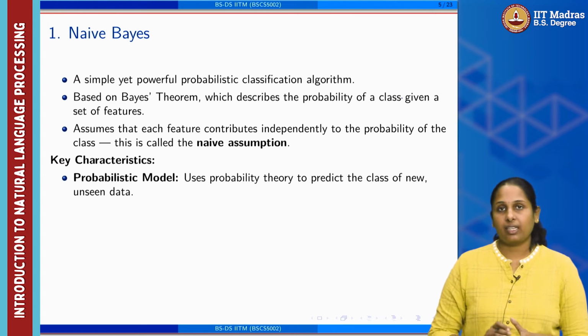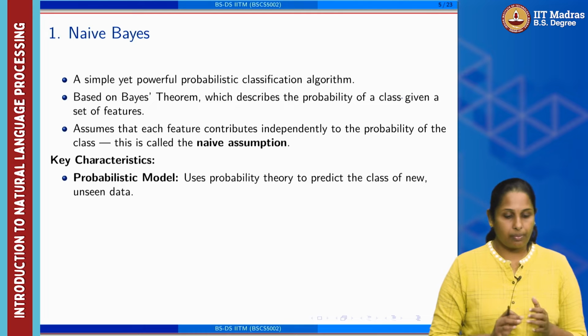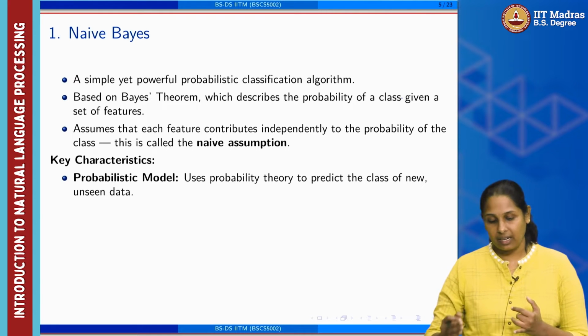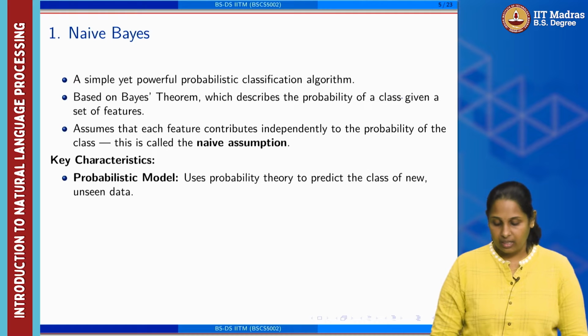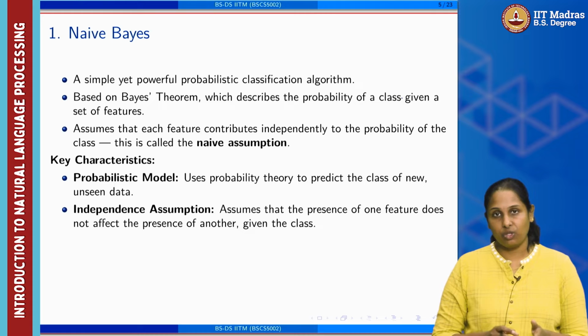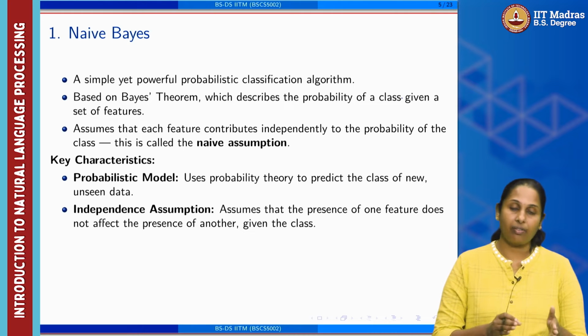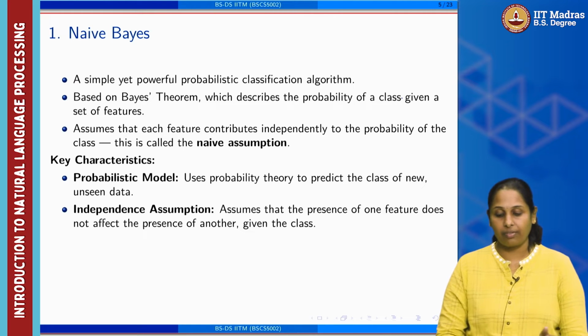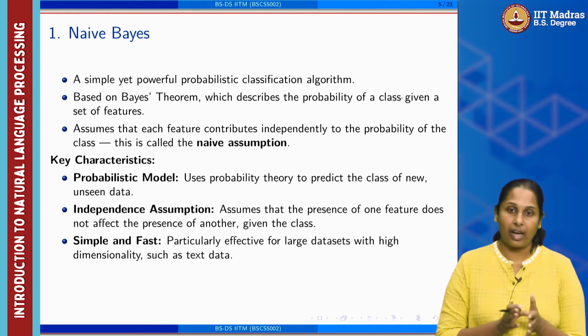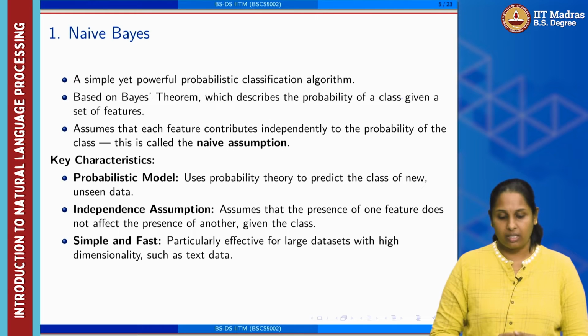The key characteristic of naive Bayes is that it is a probabilistic model because it uses probability to predict the class of new or unseen data. The independence assumption is another important thing. Here the presence of a feature does not affect the presence or absence of another feature. It is also very simple, fast, and effective for large data sets with high dimensionality.